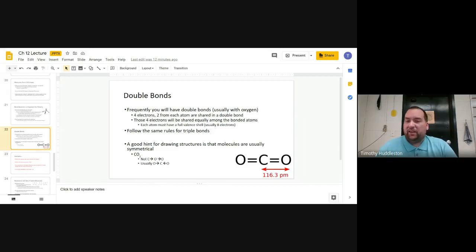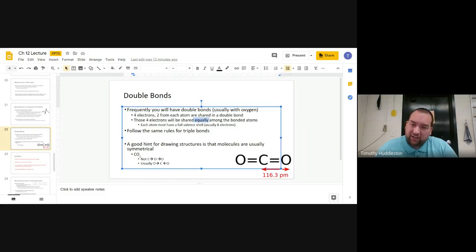We'll see that a little bit later when we talk about resonance structures. Those 4 electrons will be shared equally among the bonded atoms. When I say equally, it's not technically equally sometimes. You're going to follow the same rules for triple bonds.